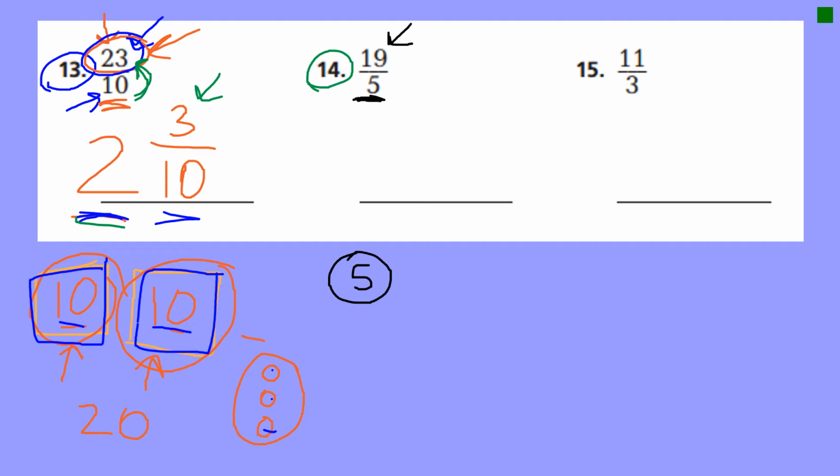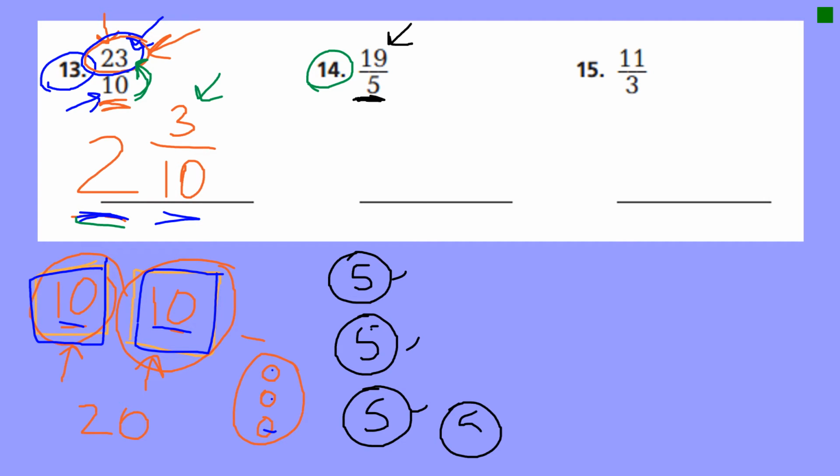But we have 19 pieces. There's another whole thing. That's 5 pieces. So 5, 10, 15. Okay, let me see. Can I make another one? 5, 10, 15, 20. Uh-oh. I only have 19 pieces, right, guys? So sorry, you. We don't have enough pieces to make another whole thing.